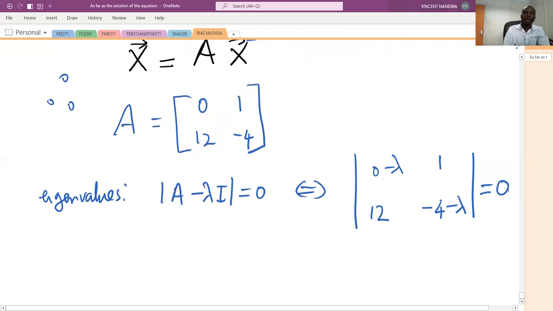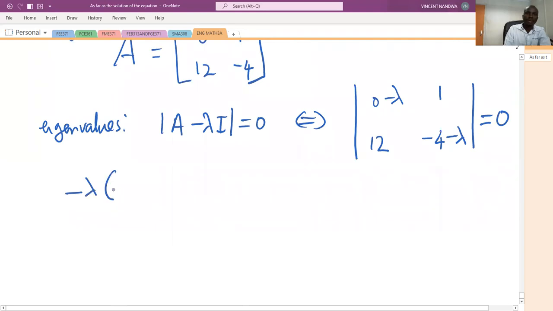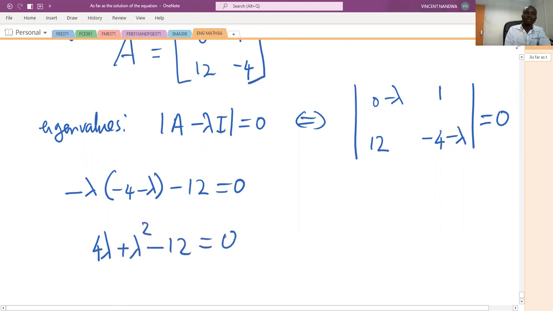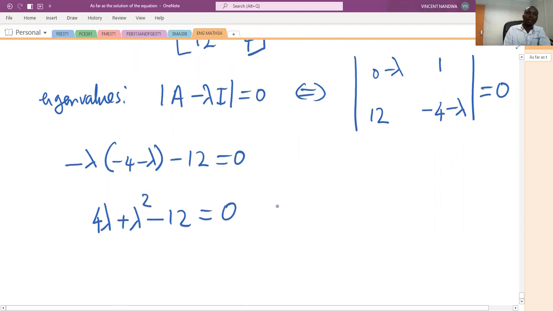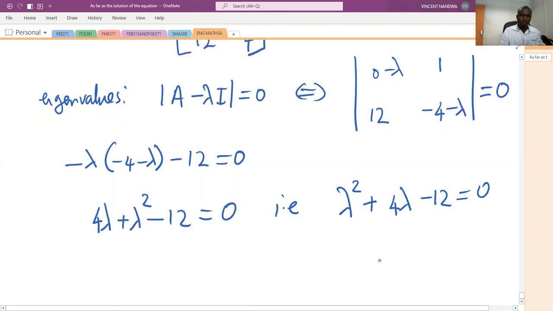And then I'll have negative lambda into minus 4 minus lambda, minus 12, equals 0. So 4 lambda plus lambda squared minus 12 equals 0. This is the same thing as saying lambda squared plus 4 lambda minus 12 is 0.